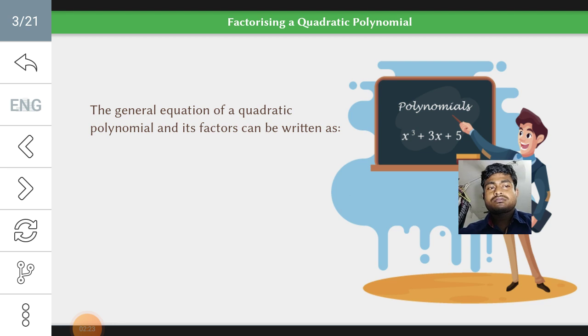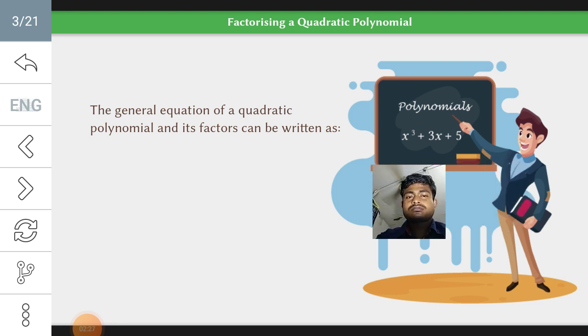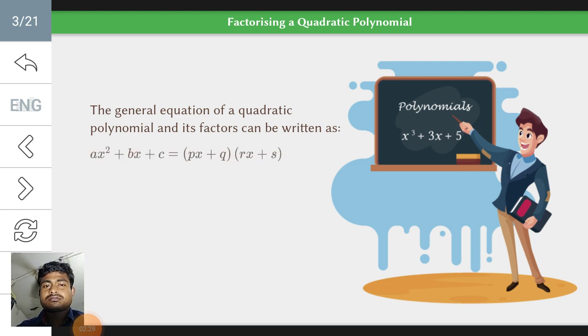The general equation of a quadratic polynomial and its factors can be written as ax squared plus bx plus c is equal to (px plus q)(rx plus s). Case 1.